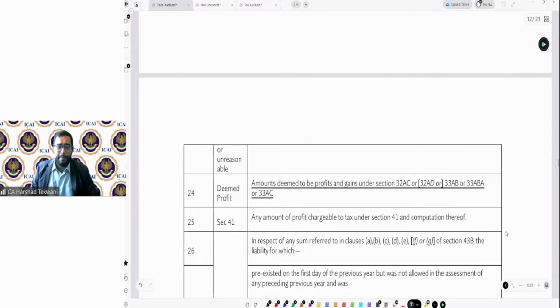And when I say amounts deemed to be profit, it is when you are not able to satisfy the conditions provided under these sections. In that case, the amount of deduction that you have taken becomes deemed income under the head of business and profession, so that amount will be deemed to be profit and will be reported over here.